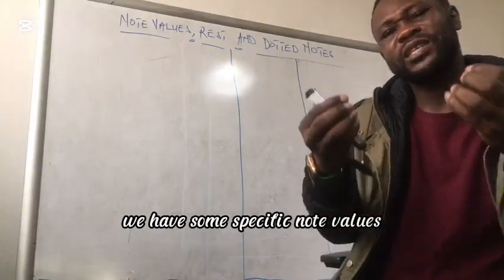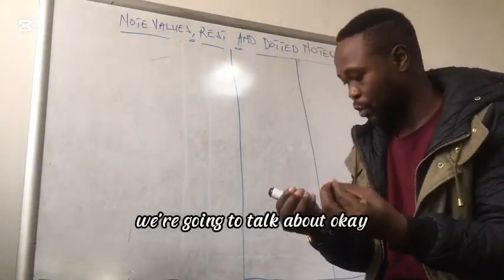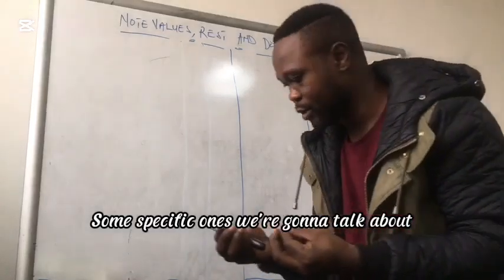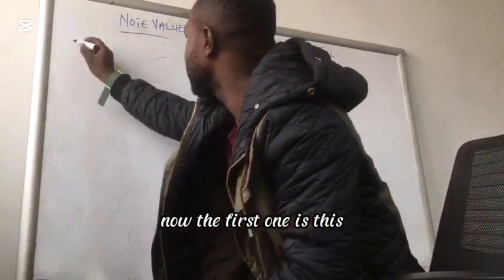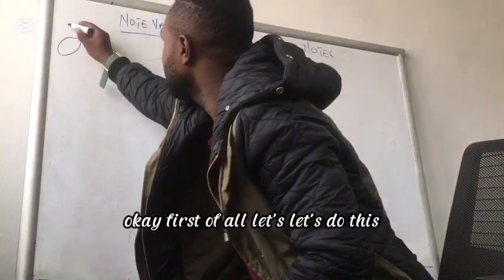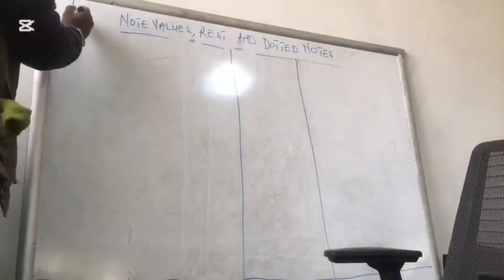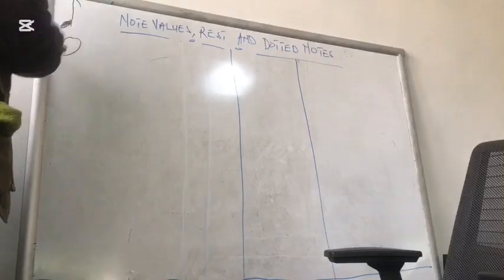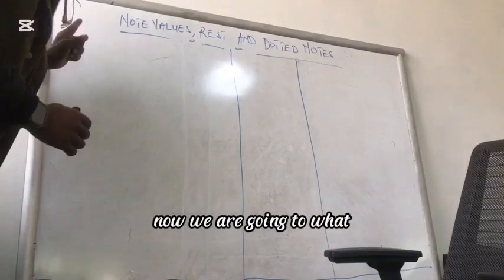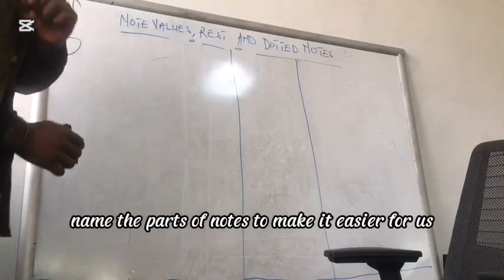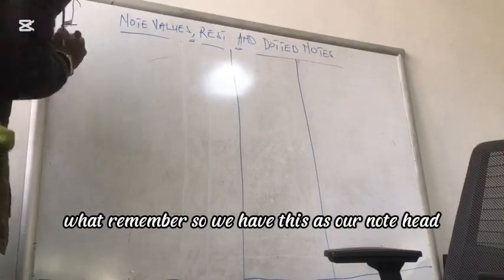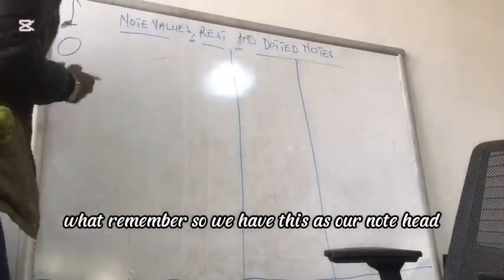We have some specific note values we are going to talk about. Now the first one is this. Okay, first of all, let's do this. Now we are going to name the parts of notes to make it easier for us to remember. So we have this as our note head.